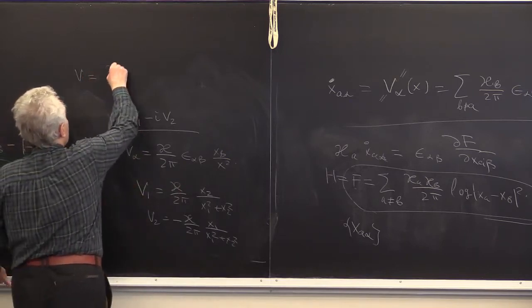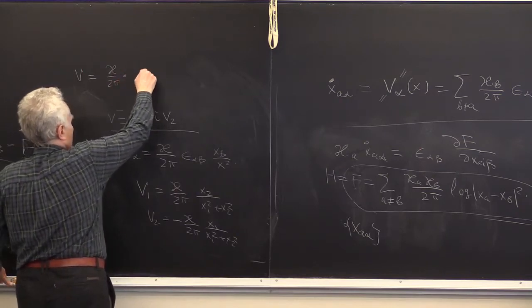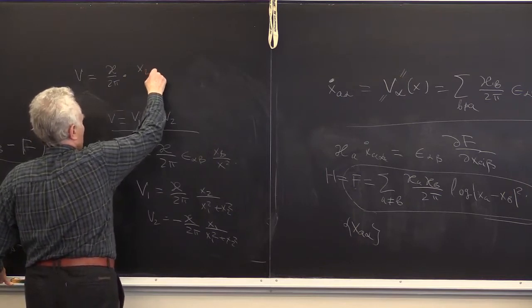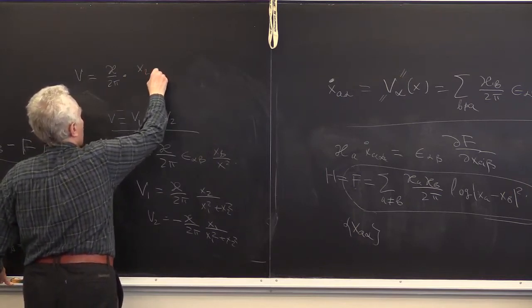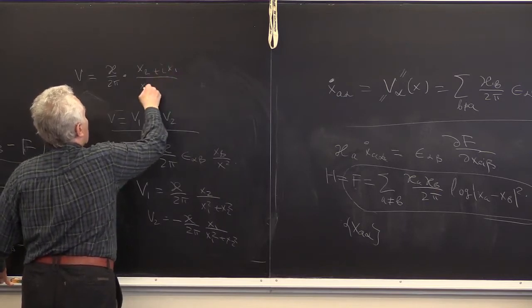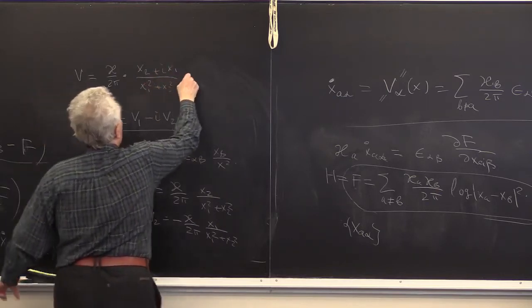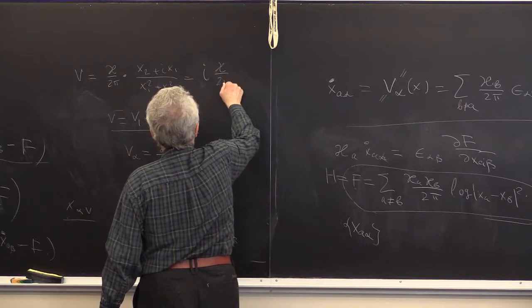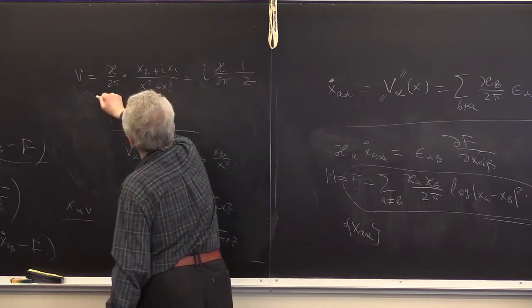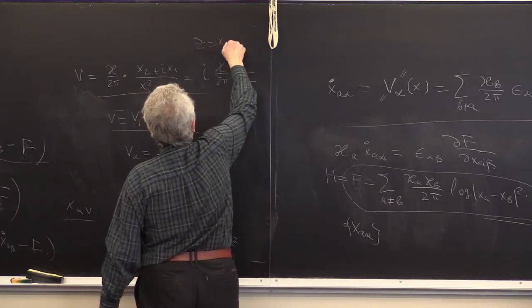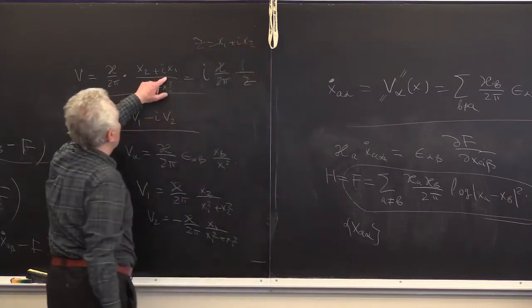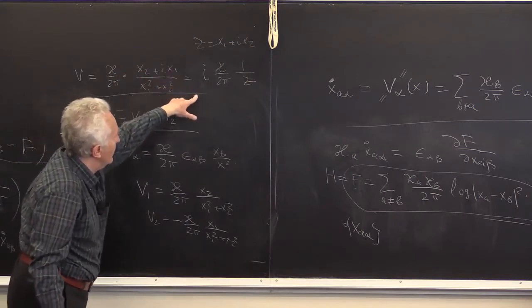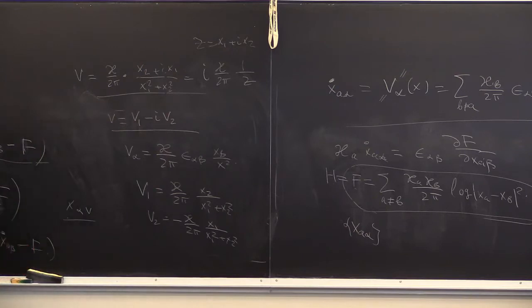It will be kappa divided by 2 pi, and it will be x2 plus i x1 over x1 squared plus x2 squared, and it will be simply i kappa divided by 2 pi times 1 over z, where z is x1 plus ix2. You see I'm taking i out, so you get x1 minus ix2, and you have this nice formula.